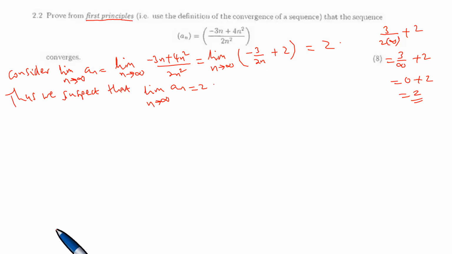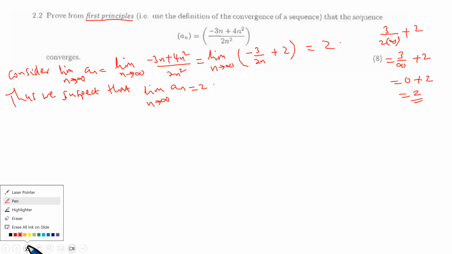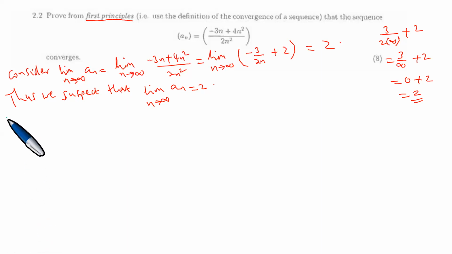To prove from first principles, there are a couple of things you need to consider, and we proceed as follows. Let epsilon greater than 0 be given.